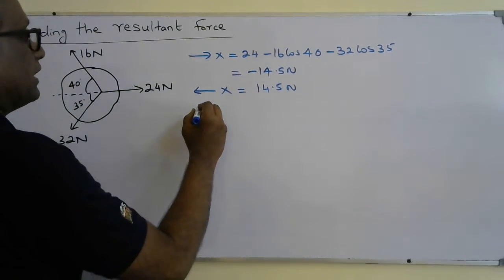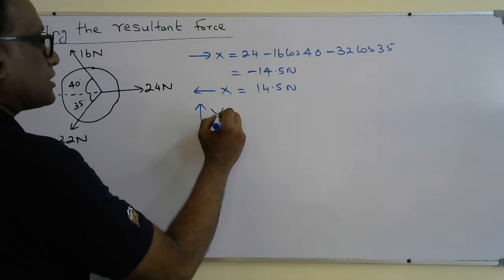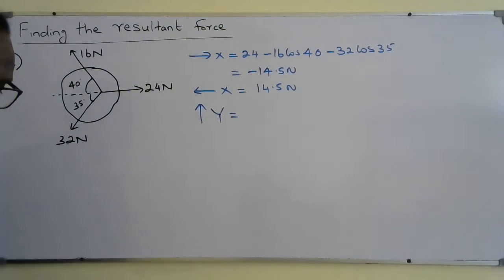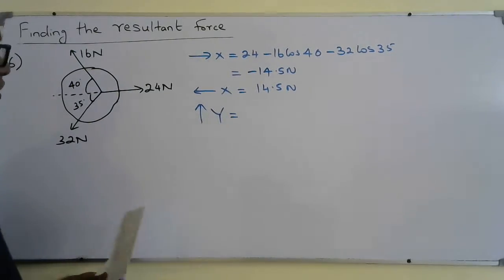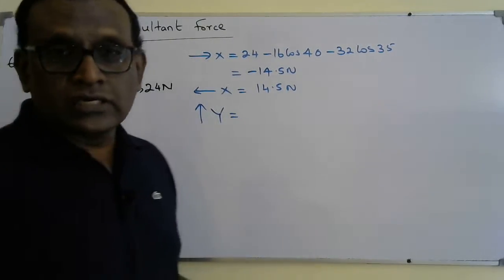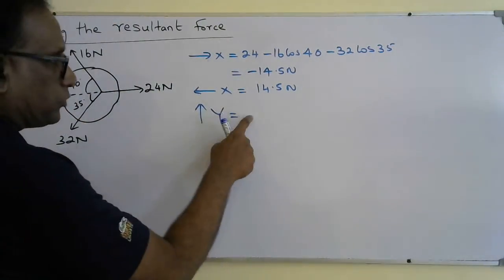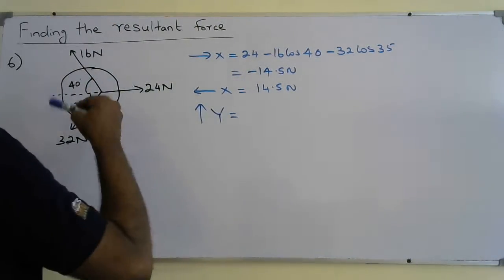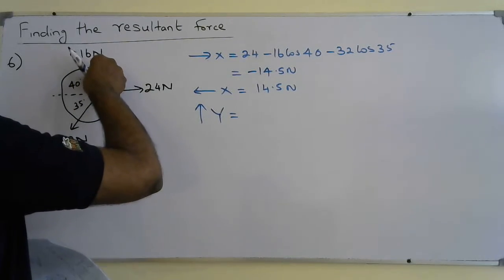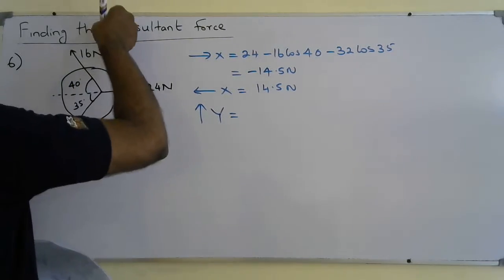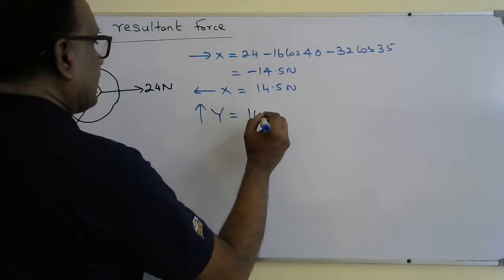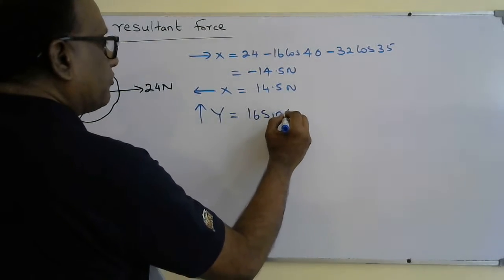When I resolve vertically, I'll take upward direction positive. Y is equal to, the vertical component, this is already a horizontal vector. A horizontal force has no vertical component, so I don't need to put 0. This one, if I open it away from the angle, it will point upwards. So that means 16 sine 40.